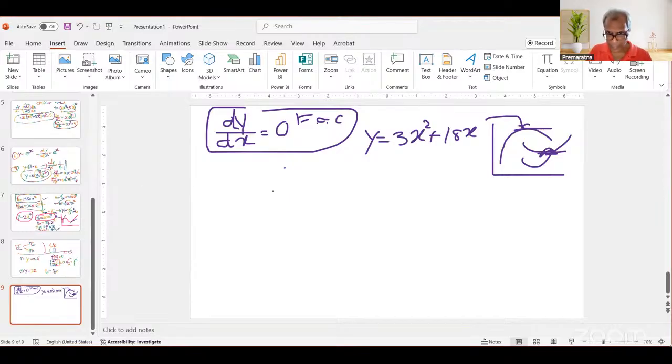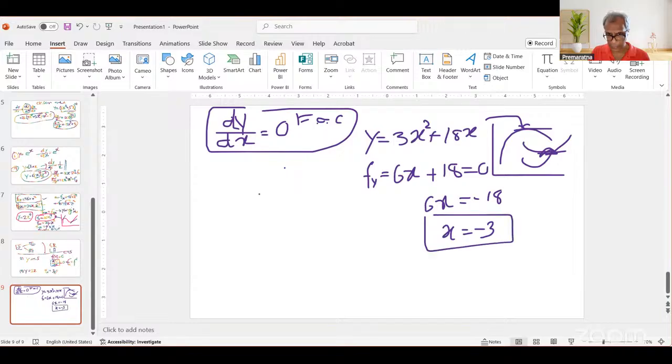Now, when you differentiate this equation with respect to x, the answer you get is 6x plus 18. Now, set this equal to 0, and you get the value: 6x plus 18 equals 0, so x equals minus 3.